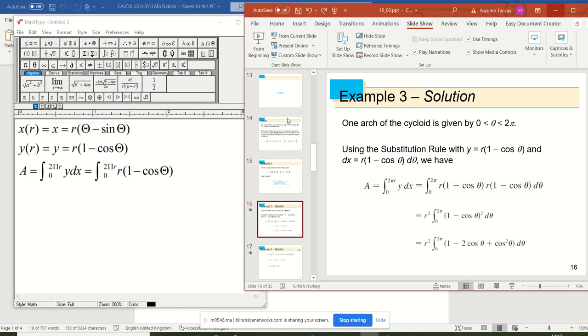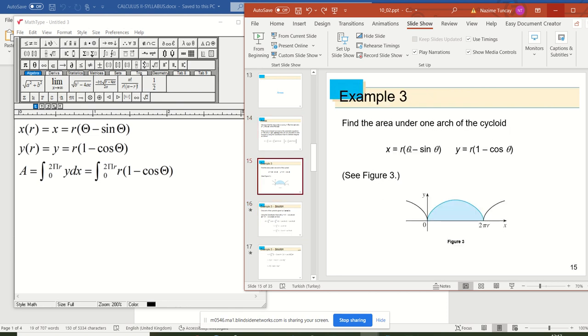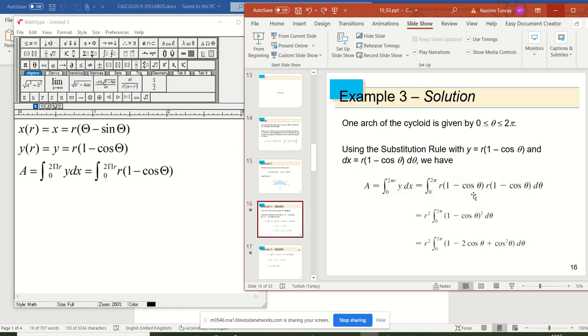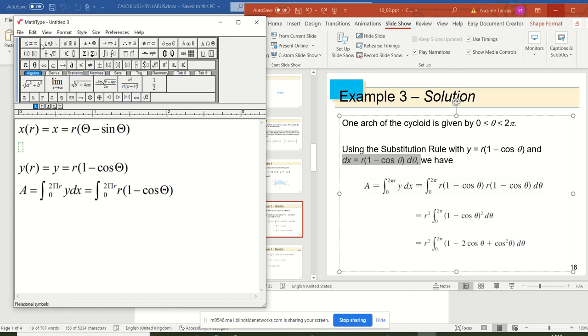By the way, let me check what x is here. x is r times (theta minus sine theta). Here, if we want to find the derivative with respect to theta, we find dx over d theta.